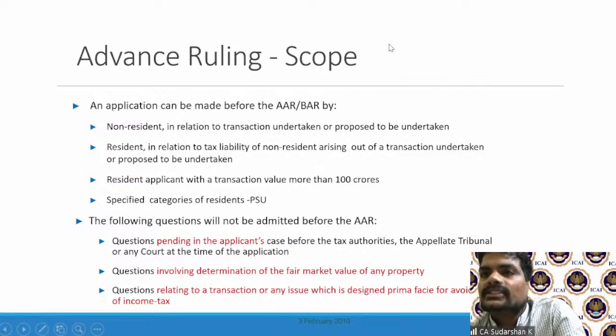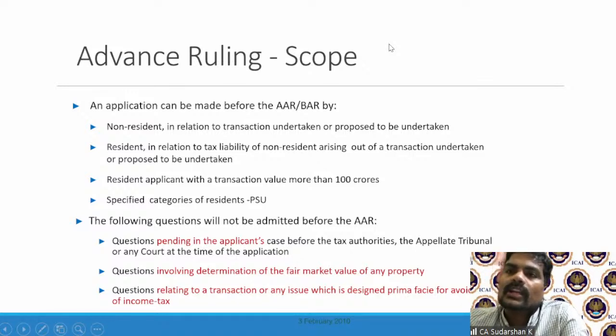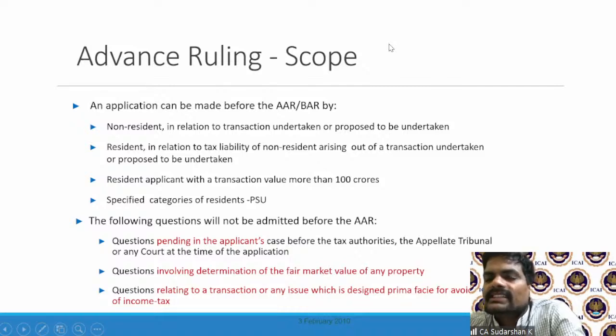So to avoid such questions, MLI came into it. So these avoidance rules will now get transposed into the tax treaty. So now the Netherlands cannot complain, hey, why did you deny treaty? I will say, look, it is a sham entity. The purpose is only to take tax benefit. And we both have agreed in the MLI that we will not give treaty benefit if the intention is only to get the tax benefit. So I'm denying it. Netherlands will keep quiet and agree to it.